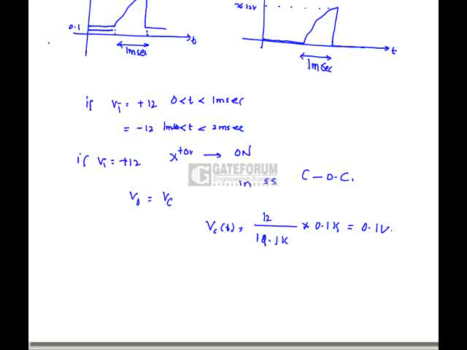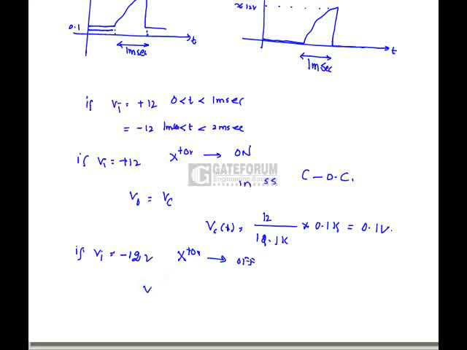Okay. Now, if Vi is minus 12 volts, then the transistor turns off, which means it acts as an open circuit.